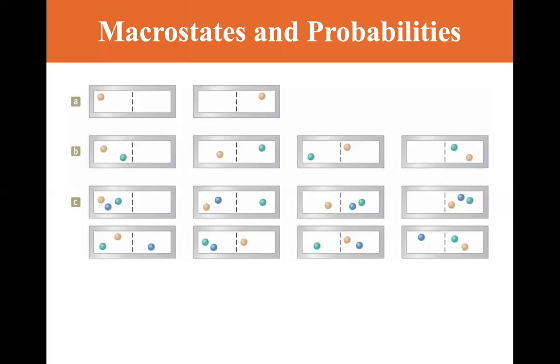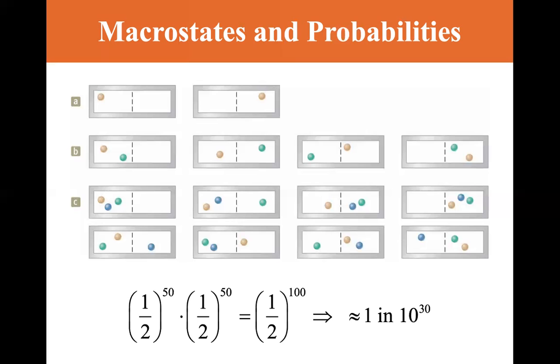Now, the probability of finding this oxygen-nitrogen separation as a result of random motion is 1/2 to the 50 times 1/2 to the 50 equals 1/2 to the 100. So the probability is like 1 in 10 to the 30th. When this calculation is extrapolated from 100 molecules to the number in 1 mole of gas, 6.02 times 10 to the 23 molecules, the separated arrangement is extremely improbable.